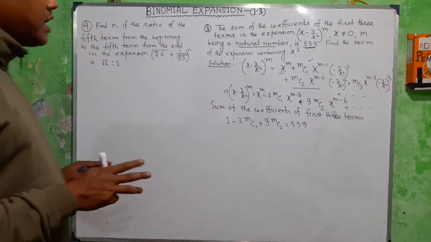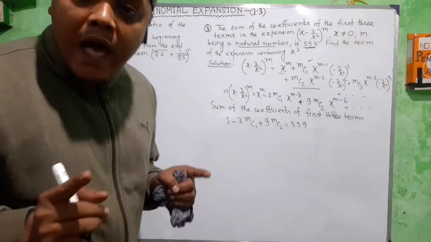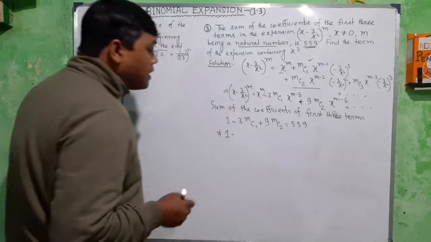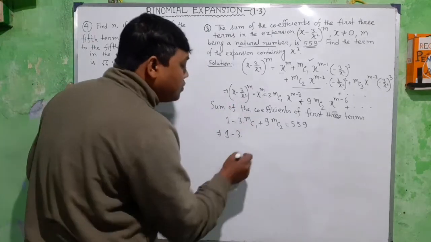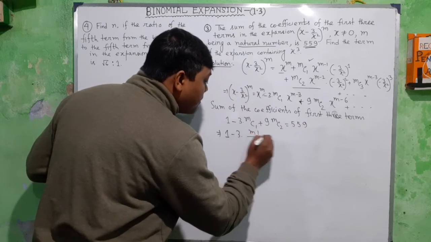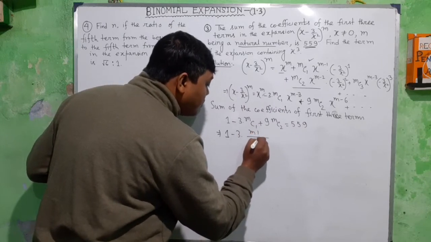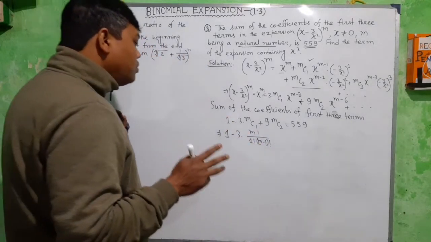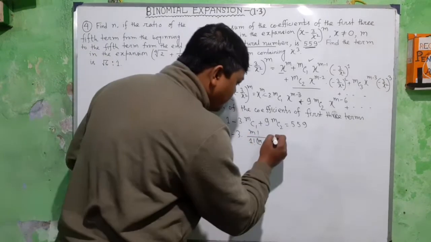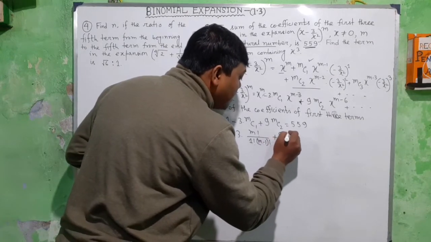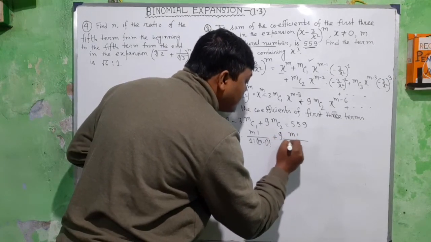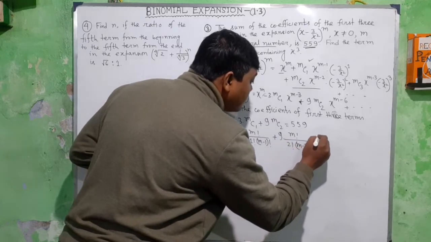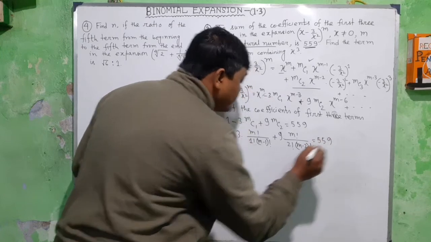From this relation I have to determine the value of m. So 1 minus 3 into m factorial by (1 factorial into (m minus 1) factorial), and we know that mC1 is always m, but I have to calculate here m factorial by (2 factorial into (m minus 2) factorial) equals 559.